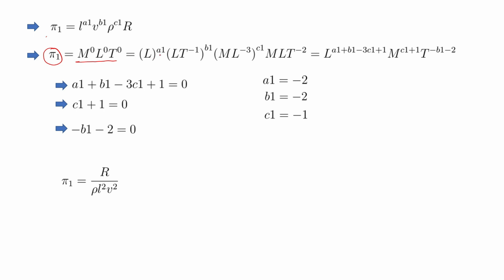So it is capital L raised to A1 into L T minus 1 whole raised to B1 and M L raised to minus 3 to the power C1 into M L T minus 2.